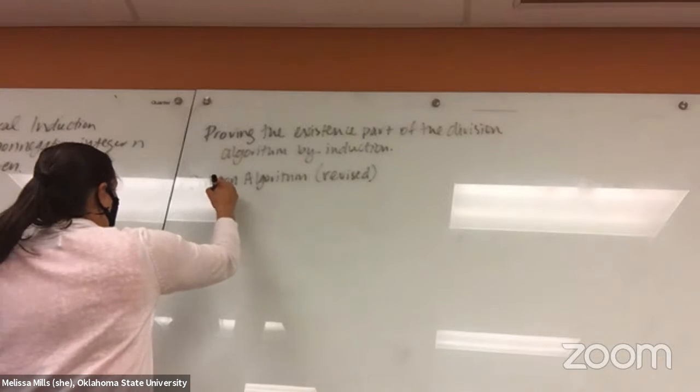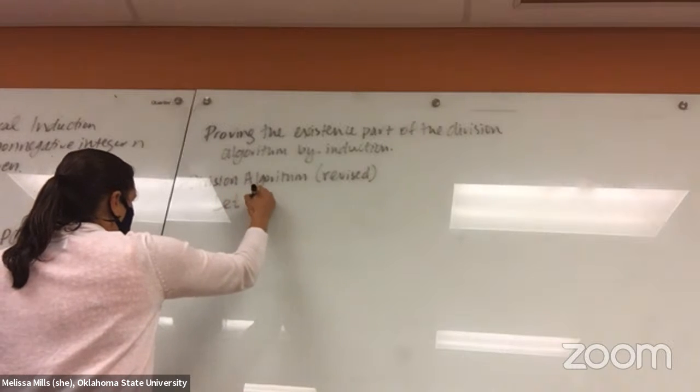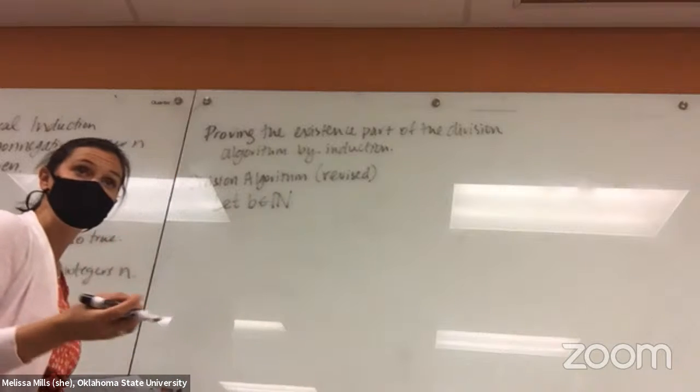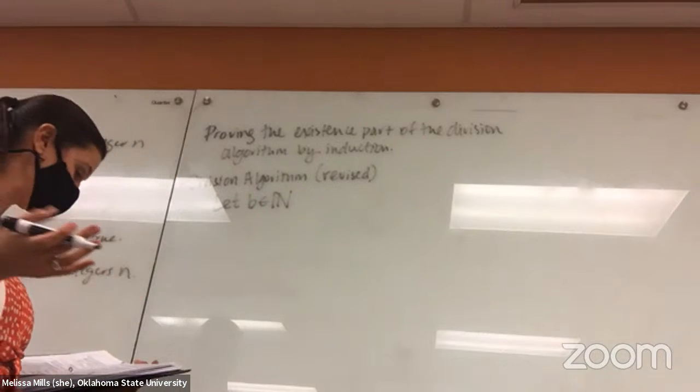We start by letting B be an element of N. Now this B is arbitrary, so we pick a B first.